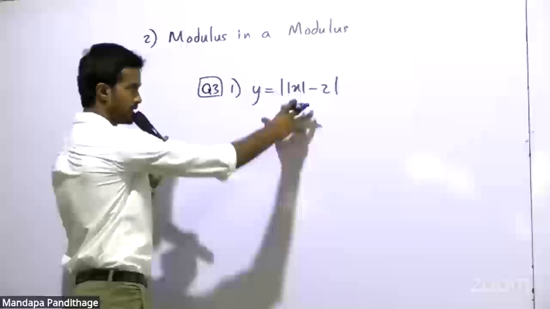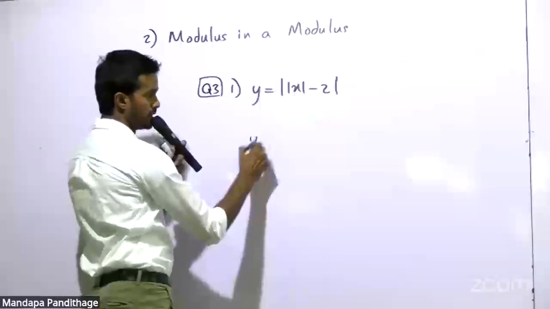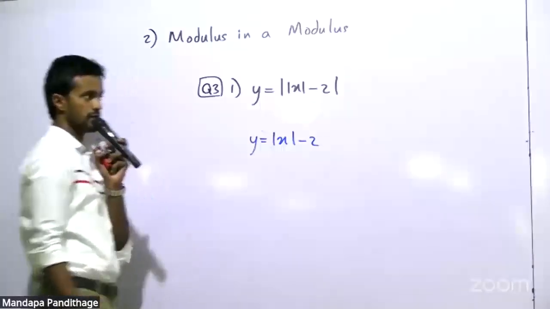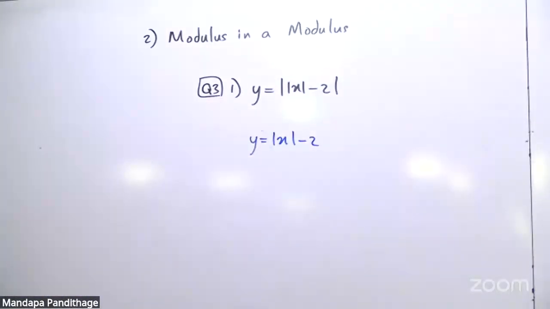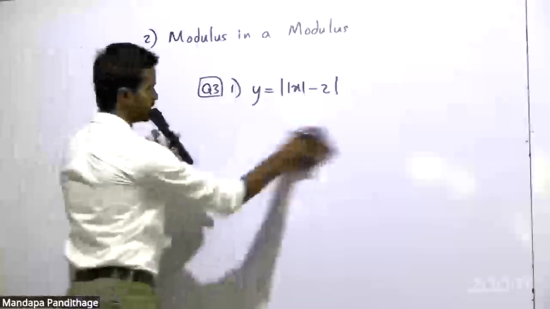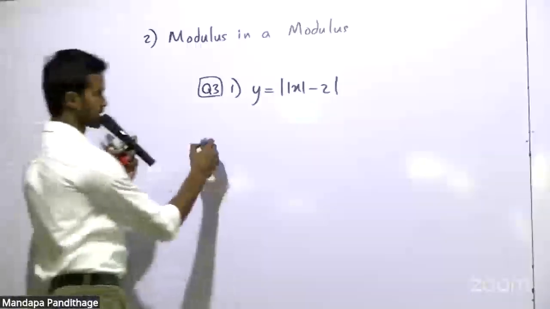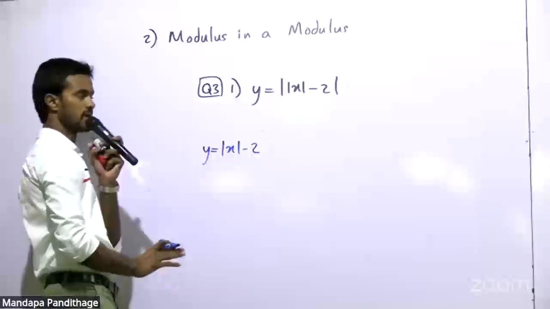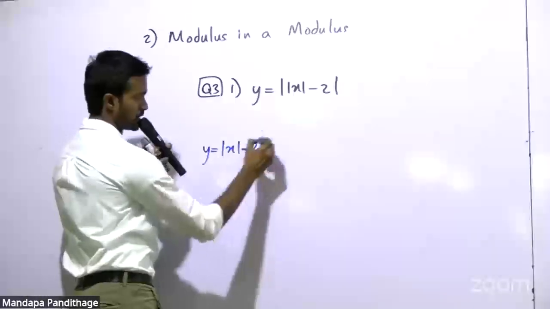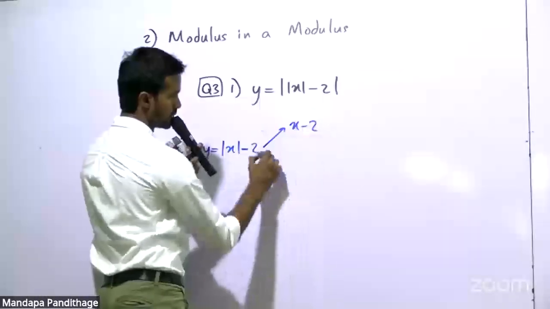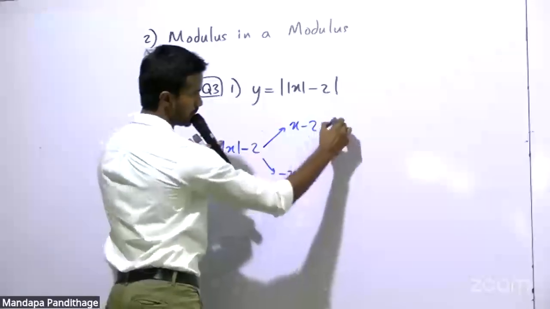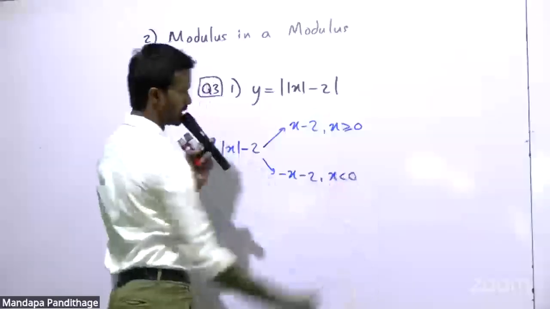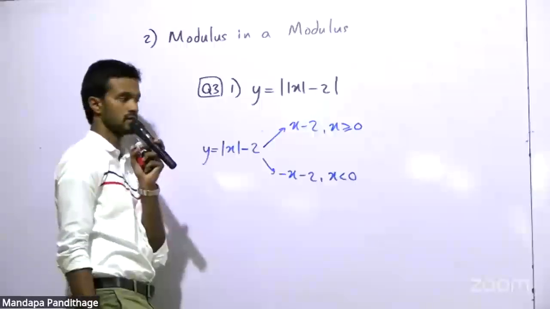So first, I will be drawing the graph of the function that is inside the modulus. So first sketch y equals modulus x minus 2. I know how we get this: it's x minus 2 and minus x minus 2, for x greater than or equal to 0 and x less than 0.